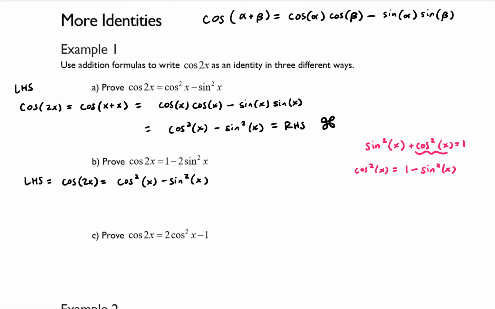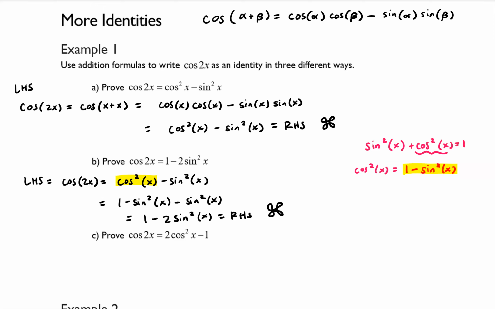And so now I can substitute this expression in for cosine here. So then I'm going to rewrite this as 1 minus sine squared x minus sine squared x. And then that becomes, through algebra, 1 minus 2 sine squared x, which is equal to the right-hand side. And so I am done there.